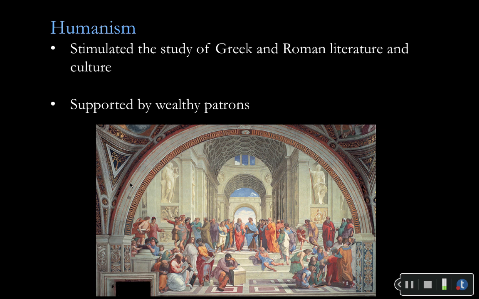And this was supported by wealthy patrons. Wealthy patrons such as the Medicis and others supported humanism as a belief system, and they believed in it themselves. And so for this reason, we had people becoming more interested in individualism.